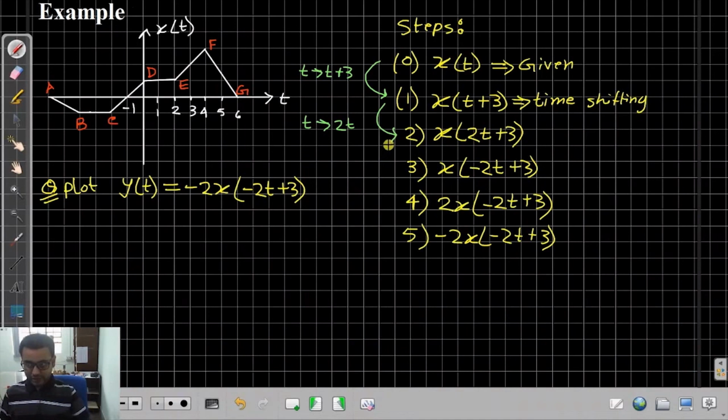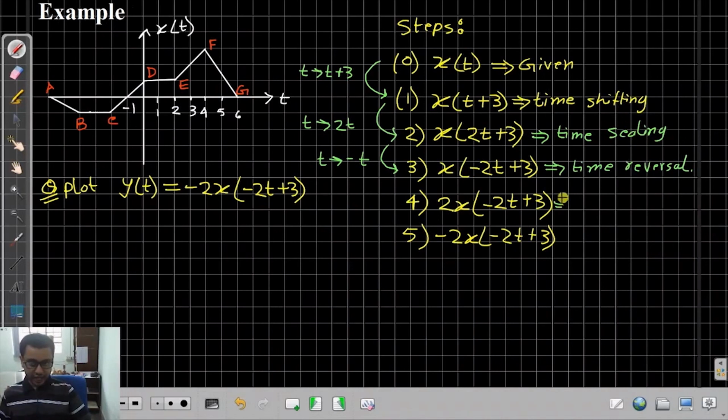Okay. Then similarly here to here, t is becoming minus t. This is time scaling. This is time reversal. And we have followed this order: shifting, then scaling, then reversal.